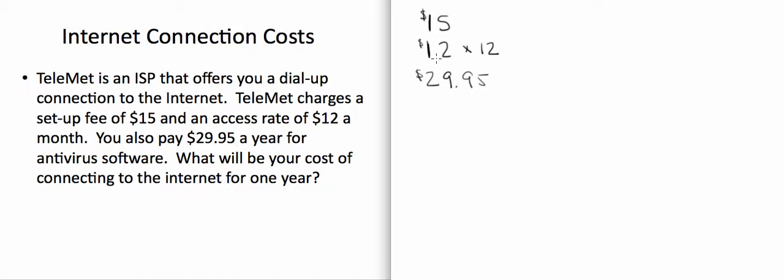Okay, so we're trying to figure out how much our total cost would be. When we take 12 times 12, we get an answer of 144. All right, and then we also have the 15 up here, and the 29.95. So we're going to add all of these values up.